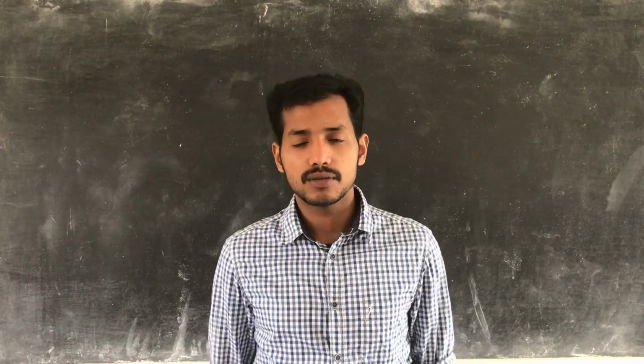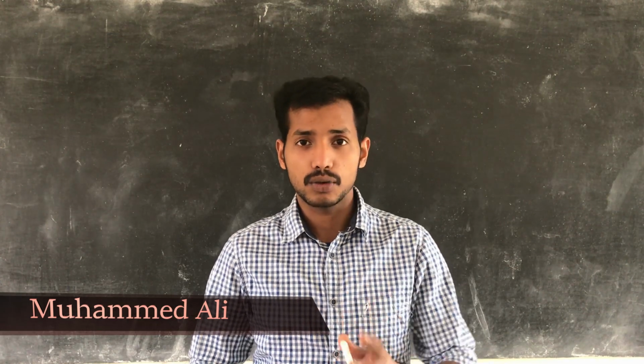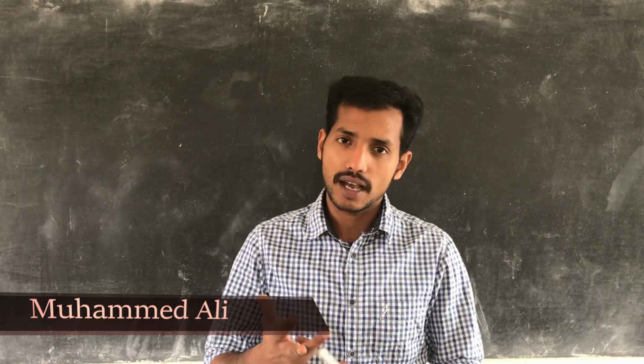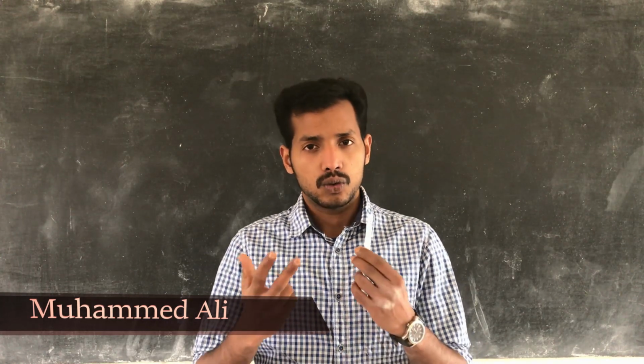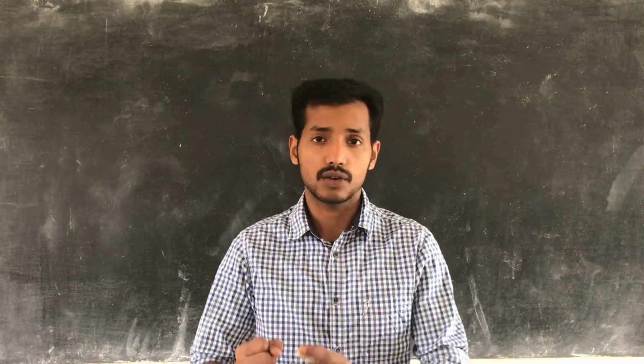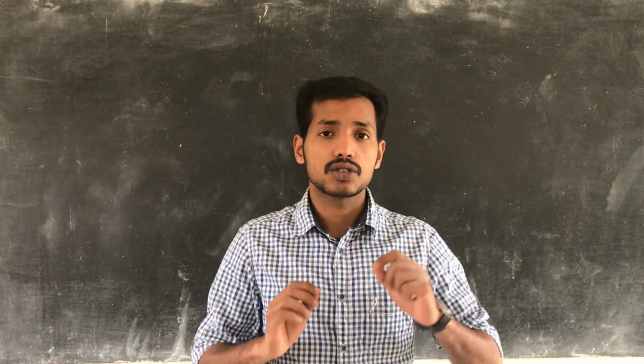Hi everyone. In this session we are going to discuss the division algorithm for polynomials. If we have two polynomials p of x and g of x, then we can find another two polynomials q of x and r of x. The condition is that g of x should not be equal to 0.